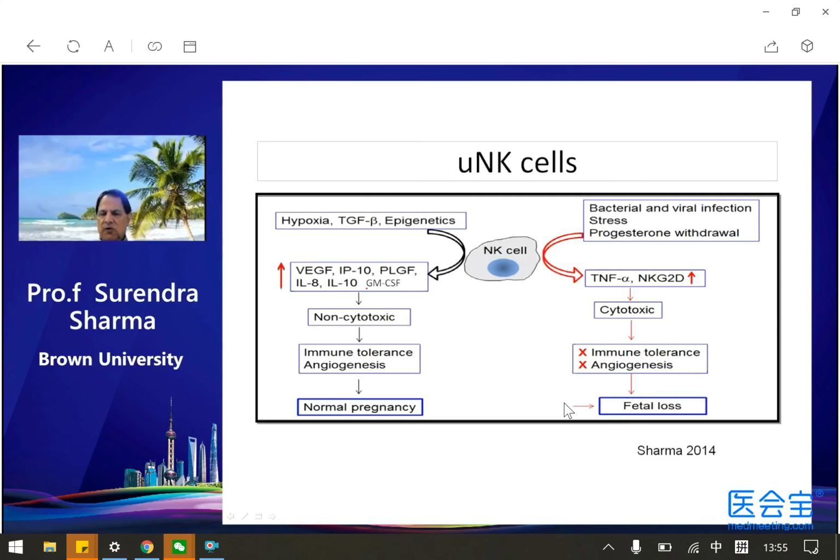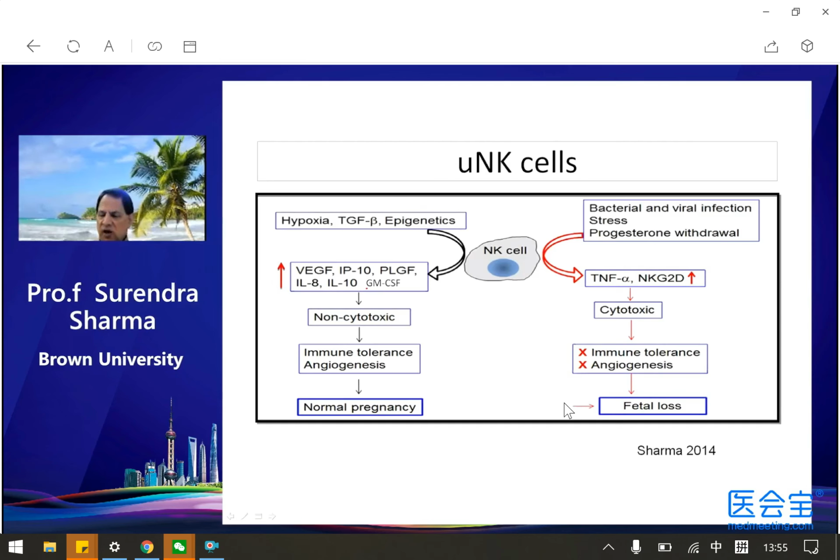What I'm going to talk to you about is that intrauterine infections, whether bacterial or viral, or even progesterone withdrawal, can turn these cells into inflammatory cells, and they start producing cytokines like TNF-alpha or express molecules like NKG2D, and they acquire a cytotoxic phenotype and blunt immune tolerance and angiogenesis, and may lead to adverse pregnancy outcomes such as fetal loss, preterm birth, and even preeclampsia.